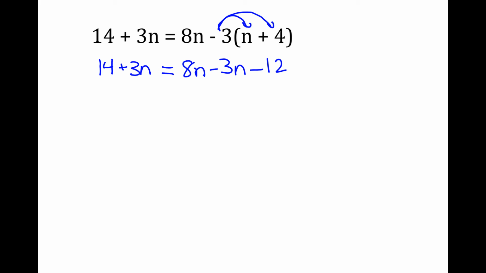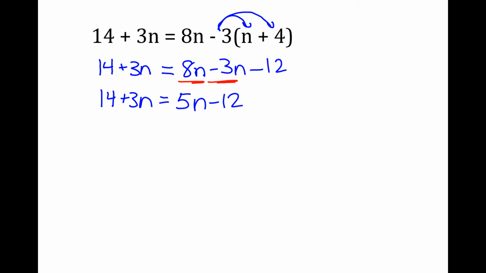Okay, again, a couple ways that we can proceed. I'm going to choose to combine my like terms. The like terms on this side of the equal sign, we have 8n and -3n. So again, I'm just going to keep this 14 plus 3n. 8n minus 3n is 5n.